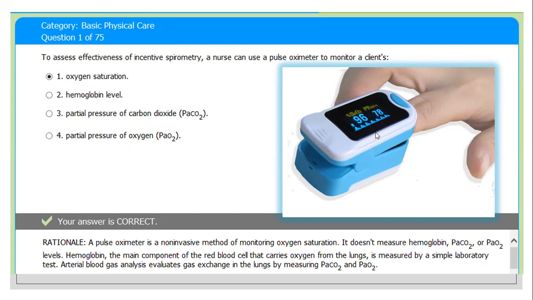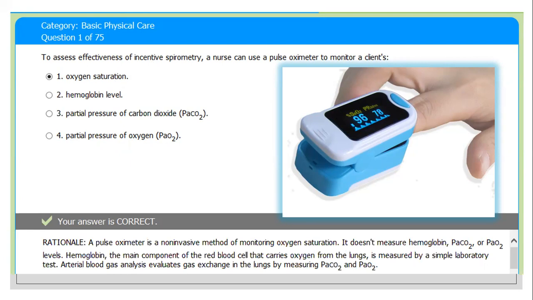A normal oxygen saturation level is around 95%. By this, we can get the percentage of oxygen saturation.